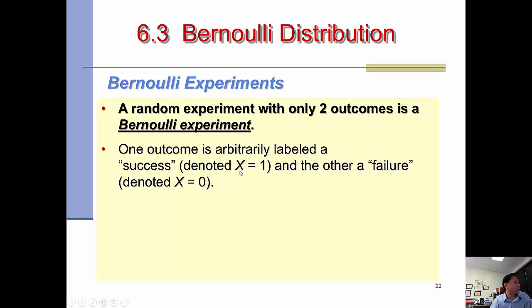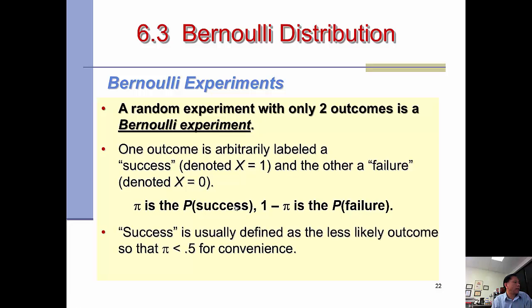We denote that as x equals 1. And the other is a failure, x equals 0. Failure and success. And pi is the P of success, or the probability of success. 1 minus pi is the probability of failure. Normally, success is defined as the less likely outcome, so pi is normally less than 0.5 for convenience.